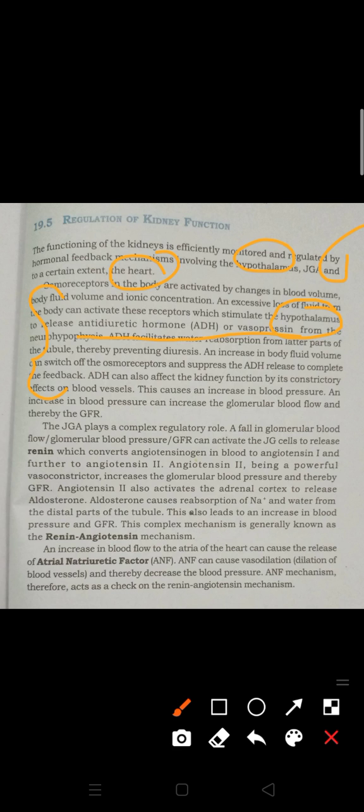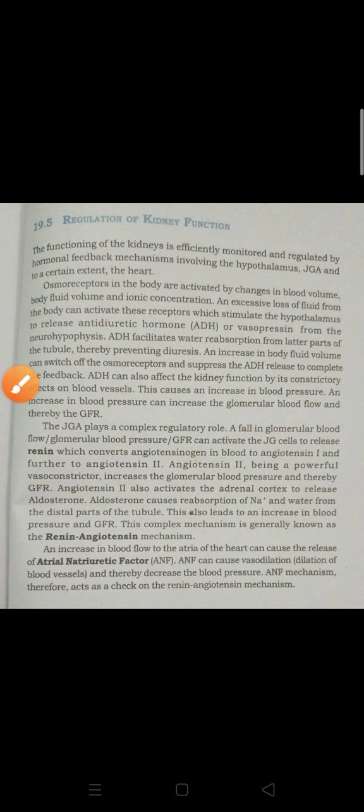Antidiuretic hormone or vasopressin from the neurohypophysis. Neurohypophysis is known as the posterior part of the pituitary gland. In the last chapter we will discuss the different kinds of glands, and at that time we can understand that two parts are present in the pituitary gland, anterior part and posterior part.